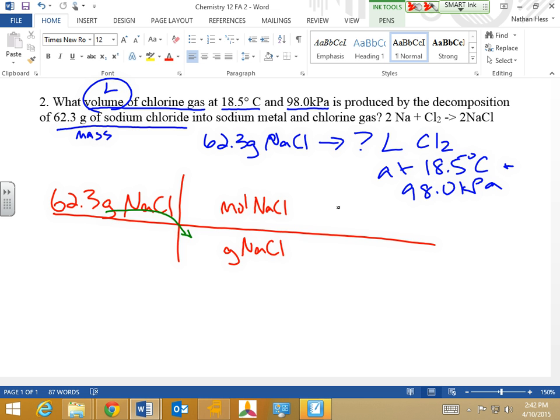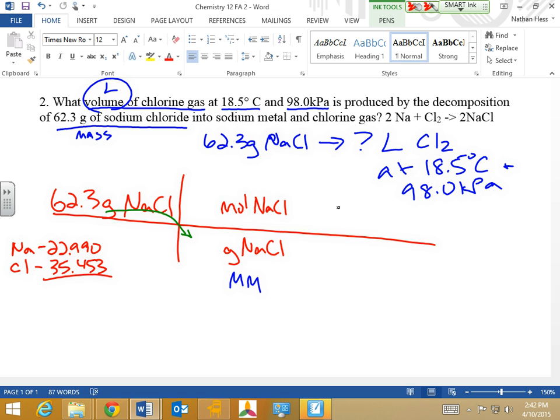How do I find the molar mass? Because that's this tool, molar mass. I've got to find the molar mass of Na and Cl. So I look at my periodic table and I find that Na's mass is 22.990 and Cl's mass is 35.453.